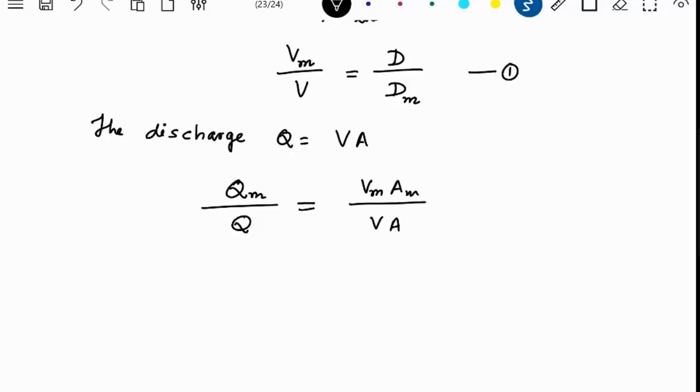From equation 1, I can write Vm by V, which I already know: Vm by V is equal to d by dm. And the area I can write in terms of diameter: pi by 4 dm square, and pi by 4 d square. If I simplify this, I can write Qm by Q is equal to dm by d.